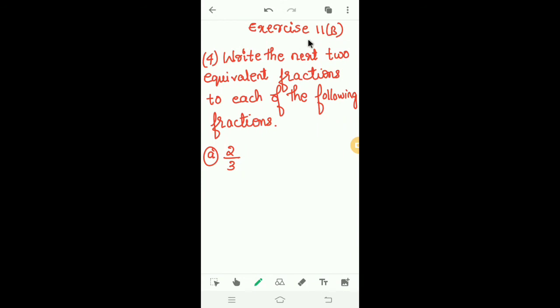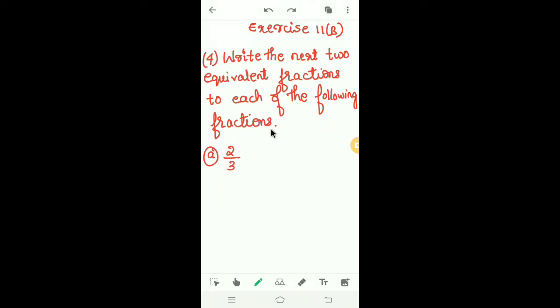Let's solve exercise 11b. In that fourth one, write the next two equivalent fractions to each of the following. How can we find out? To find equivalent fractions of a given fraction, we multiply or divide the numerator and the denominator of the fraction by the same number other than 0.